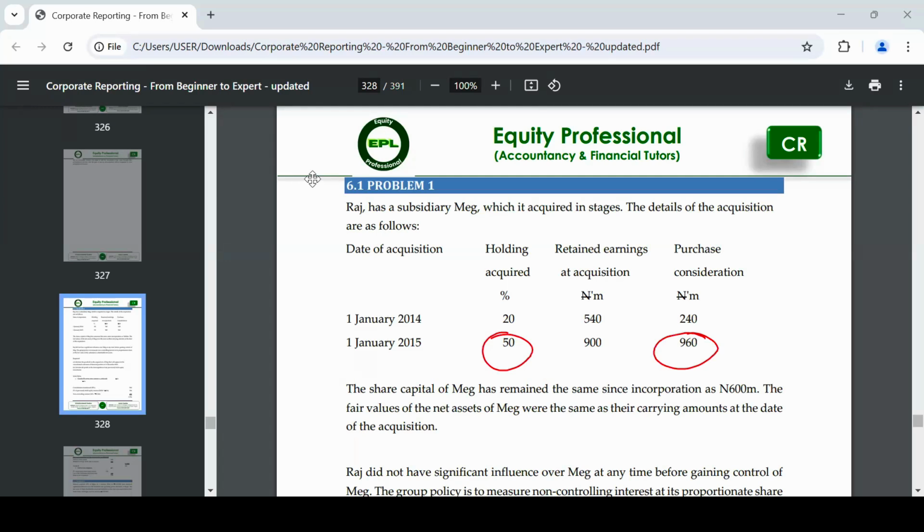So we'll say the fair value of consideration on that day was 960 million. All right. Now, but what is the fair value of previously held shares?